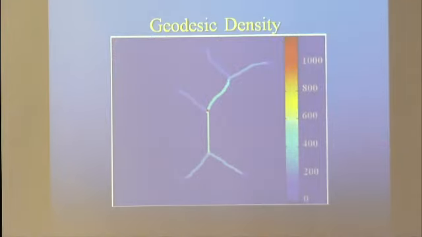So this shows this geodesic density, and what you can see is that the density on the tree structure is so high relative to the background that it is very easy to threshold this density to get the whole structure extracted.